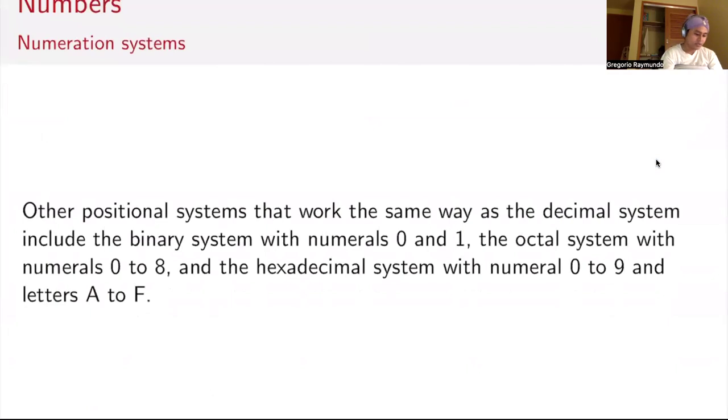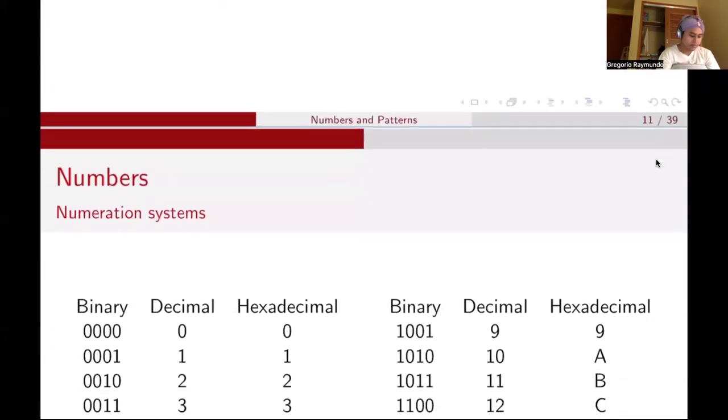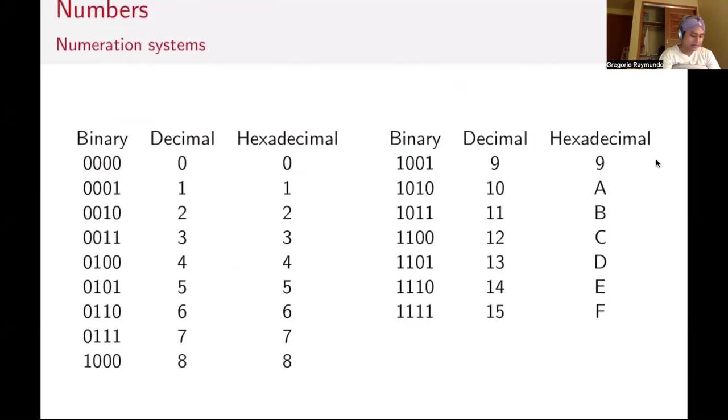Okay. Other positional systems work the same way as the decimal system, including the binary system with numerals 0 and 1, the octal system with numerals 0 to 7, and the hexadecimal system with numerals 0 to 9 and letters A to F. So we will not delve into the conversion between binary, decimal, and hexadecimal.